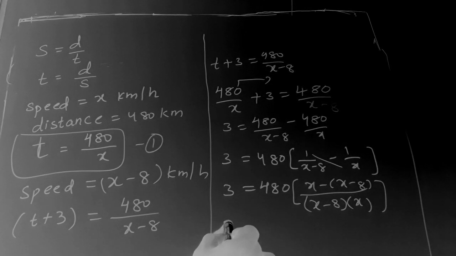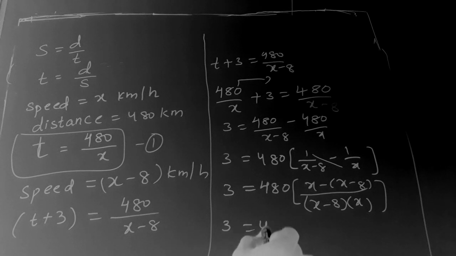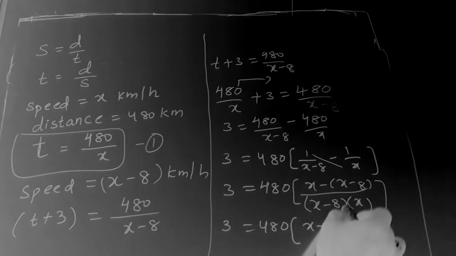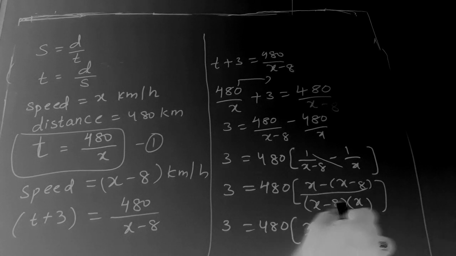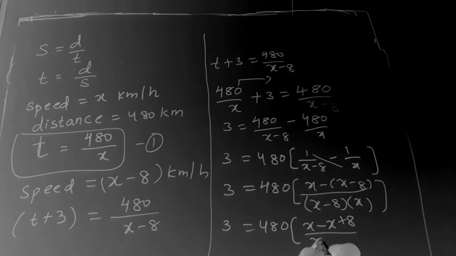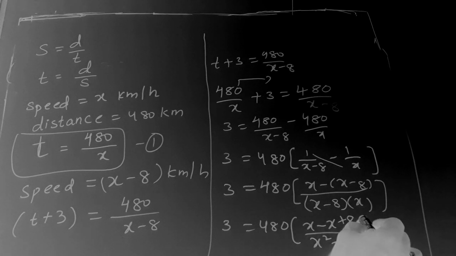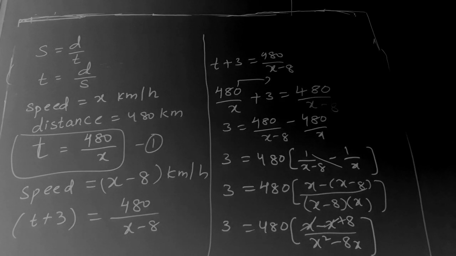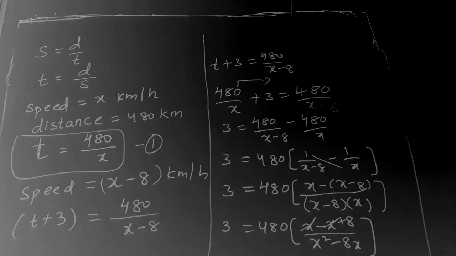Okay, this is 3 is equal to 480 times, x minus into plus is minus, minus into minus is plus, this is x into x, x square minus 8x plus x minus x is going to cancel. So 480 into 8 by x square minus 8x.